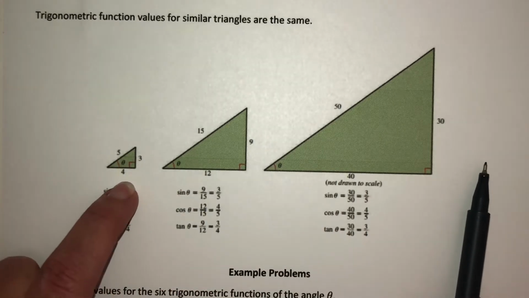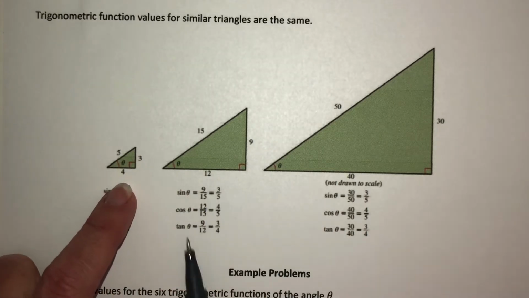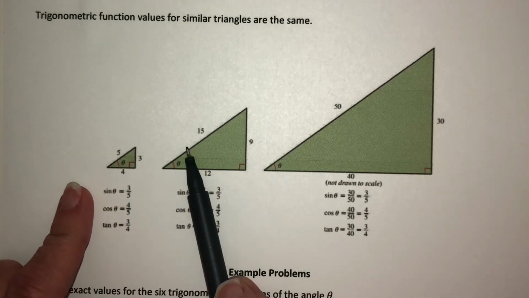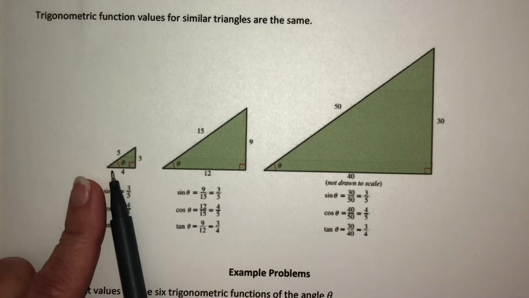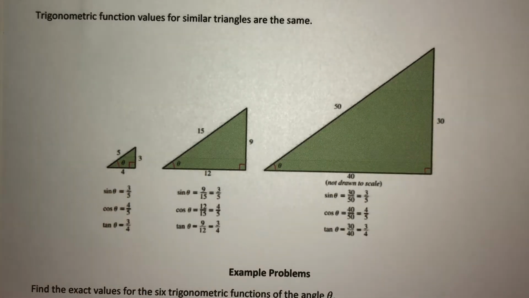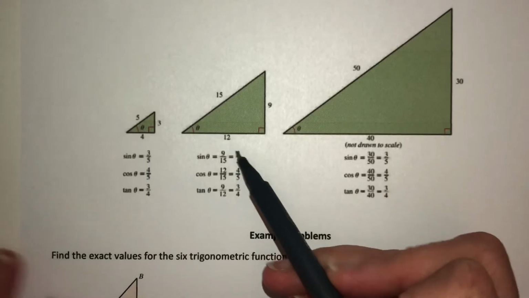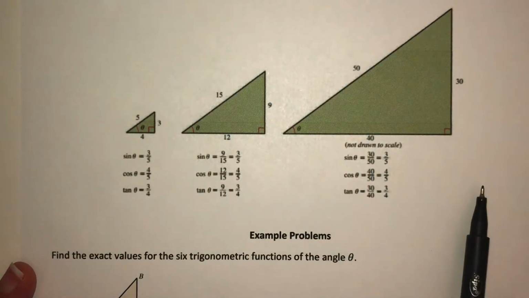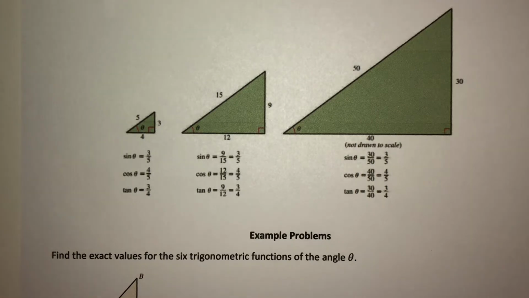So here we have a classic 3, 4, 5 right triangle. And if you multiply each of these sides by a 3, you get these values. Whereas if you multiply each of these sides by a 10, you get these values. And then if you apply the rules for sine, cosine, and tangent, you'll see that after you reduce the fractions, you end up with the same values. And that's really a useful concept.